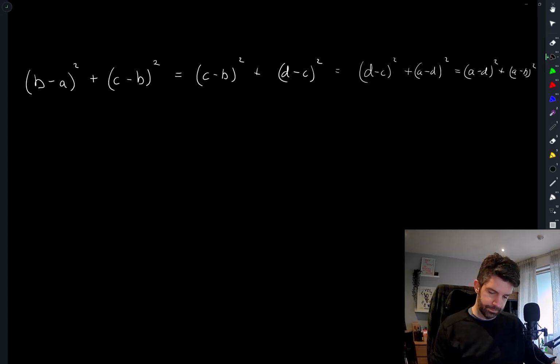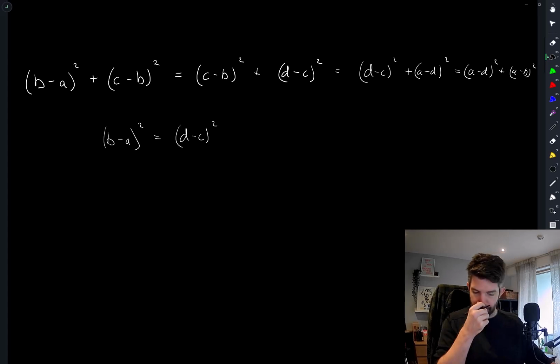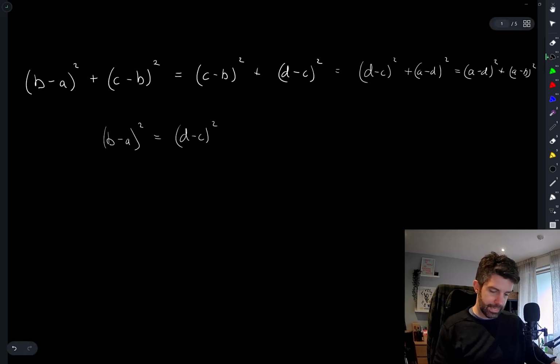Well, if I take just the first one, I notice that this is equivalent to (B minus A) squared equal to (D minus C) squared, because the (C minus B) squared cancels on each side.